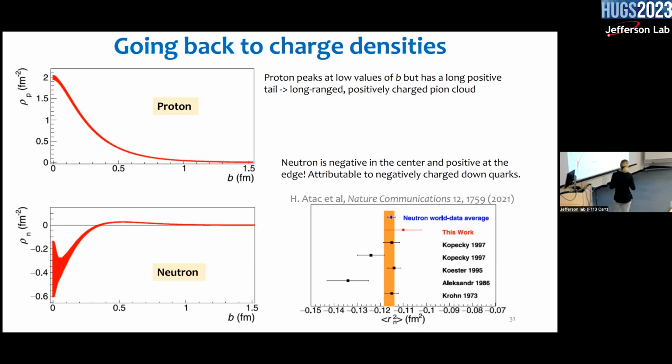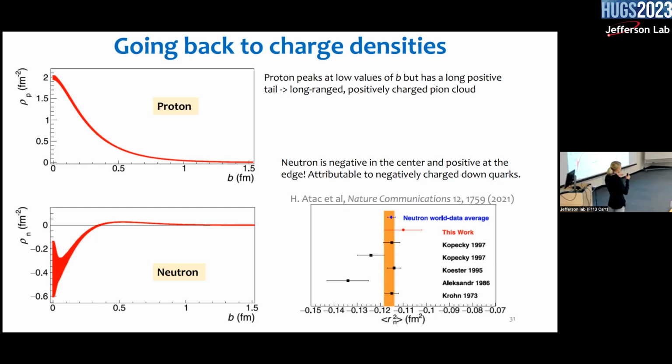That gives you this positive charge density here, and then this pion cloud tail again, which brings it down. But at the very small center, the negative part is really interesting. This is a good indication because the neutron is made up of 2 down quarks, which are negatively charged, right?